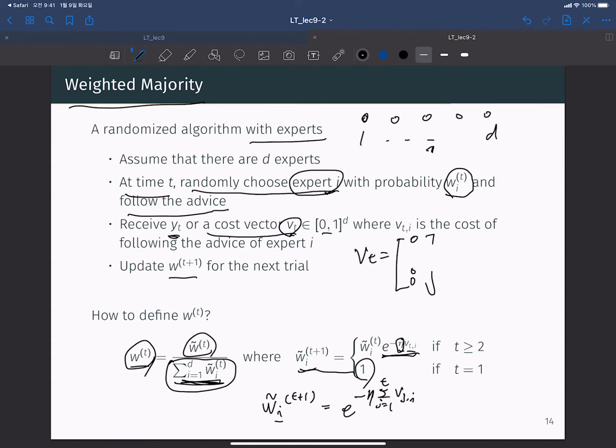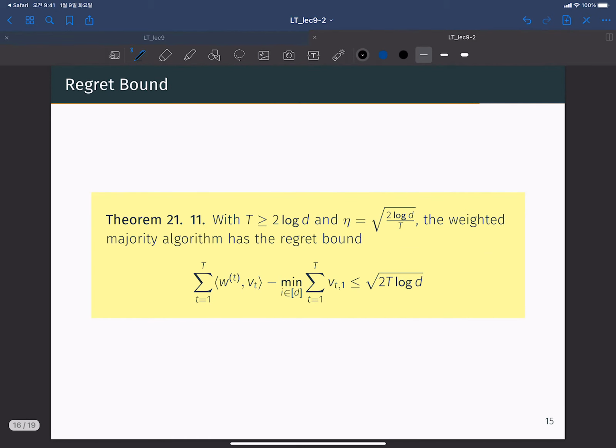And this simple rule works very well when capital T, the end time, is greater than 2 log d, and the step size is equal to square root of 2 log d over capital T. The weighted majority algorithm has the regret bound square root of 2 T log d.